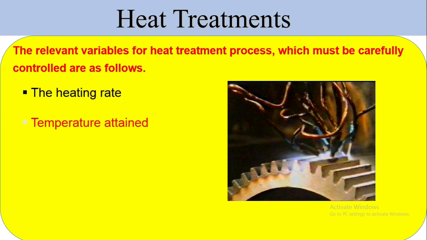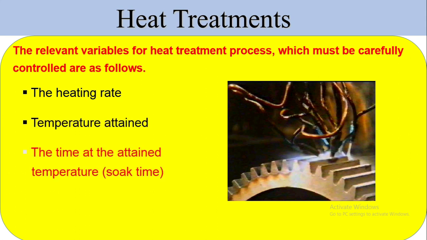Temperature attained: which temperature you need to attain for this particular post-weld heat treatment should also be as per the specification. Without specification you cannot do anything. And the time at the attained temperature, that is the soaking time, how much soaking time is required. These should always be controlled when you are doing the heat treatment.